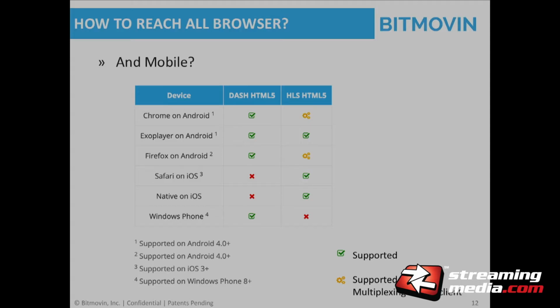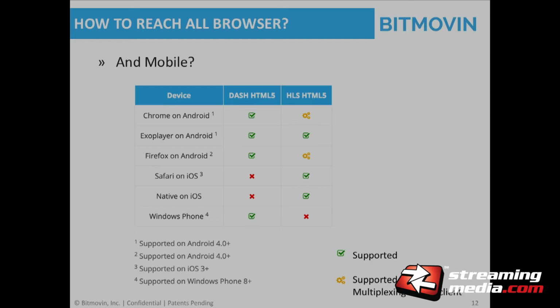So that goes also forward to mobile devices, where it gets a little bit more tricky, as the iOS world is not supporting MPEG-Dash. Especially Safari on iOS is tricky, because Safari natively requires HLS.